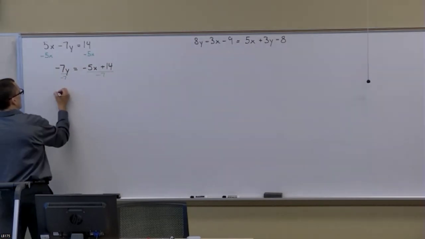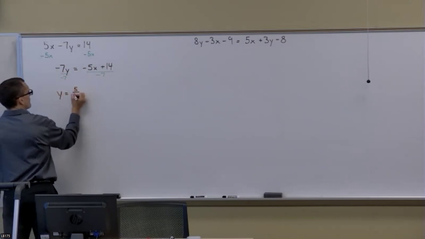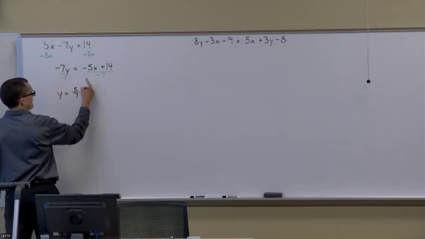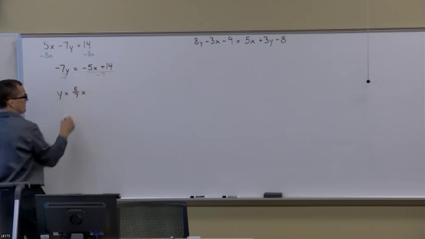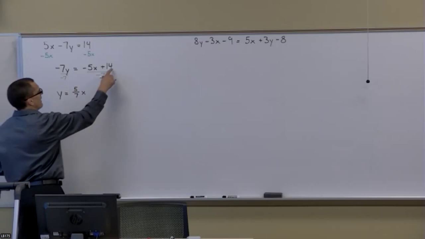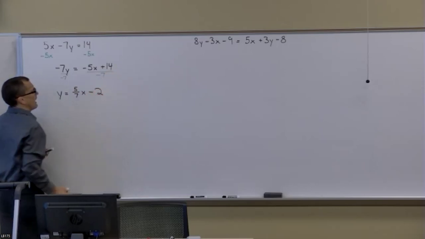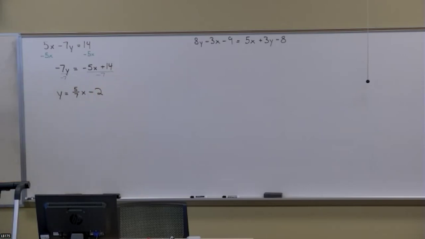That'll give me y is equal to 5/7 times x. Negative 5 over negative 7 is the same thing as 5 over 7. And then 14 over negative 7 gives me a negative 2. So I end up getting y equals 5/7 x minus 2 as the slope-intercept form of that line.